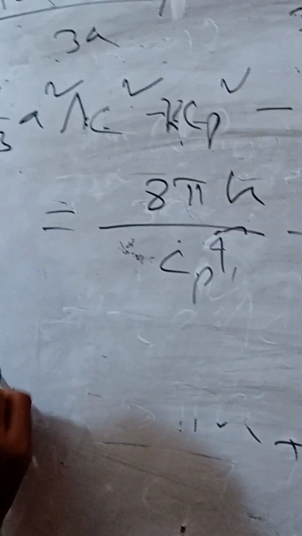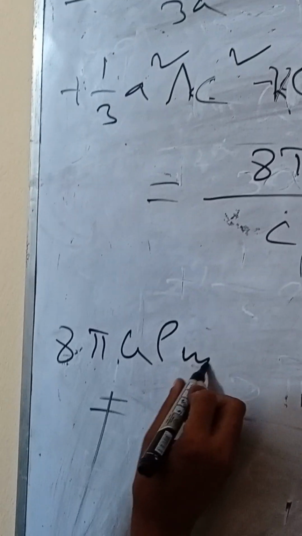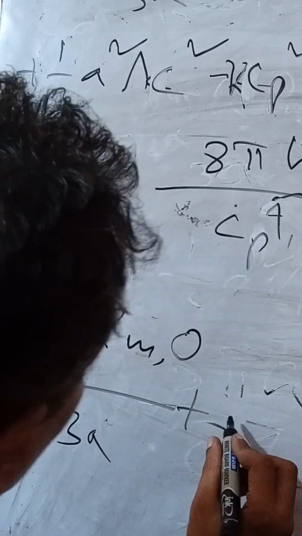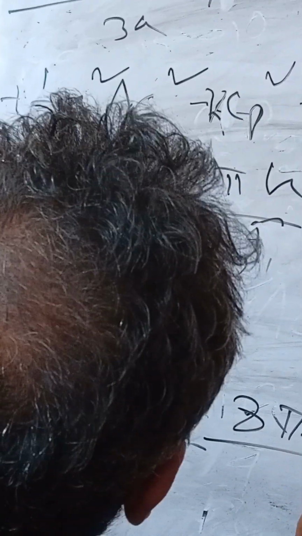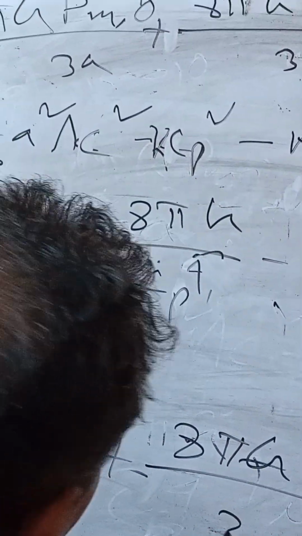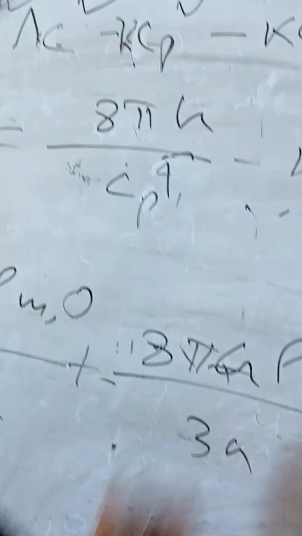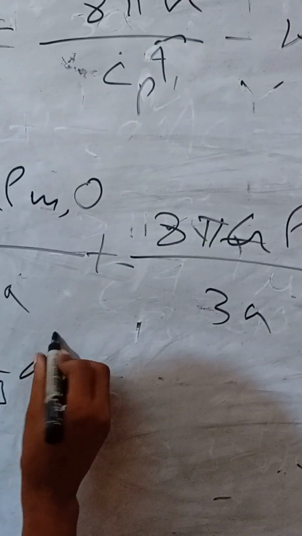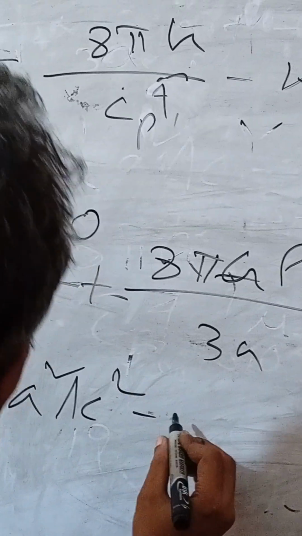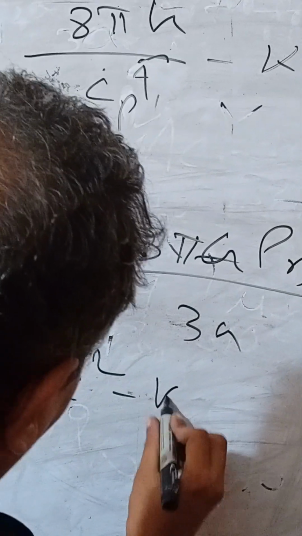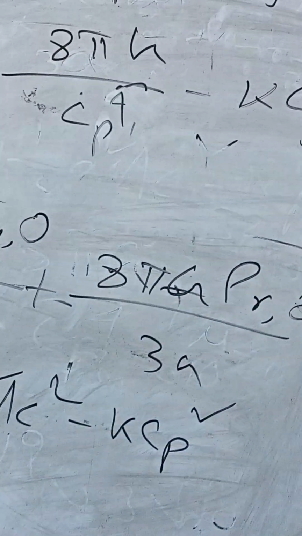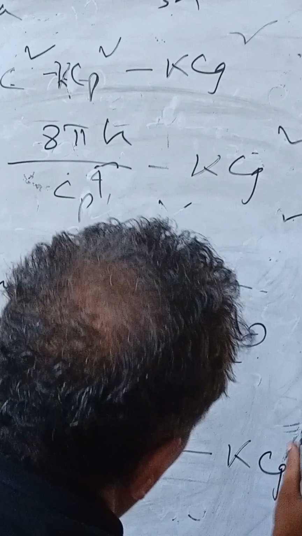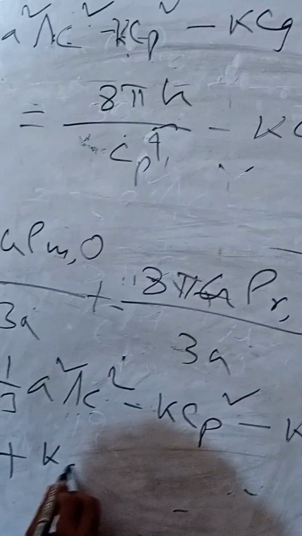So now Friedman equation is rho m C square, 8 pi Z rho R0 square plus 1 by 3 S square cosmological C square minus K Cp square minus K Cg square plus K Cp square.